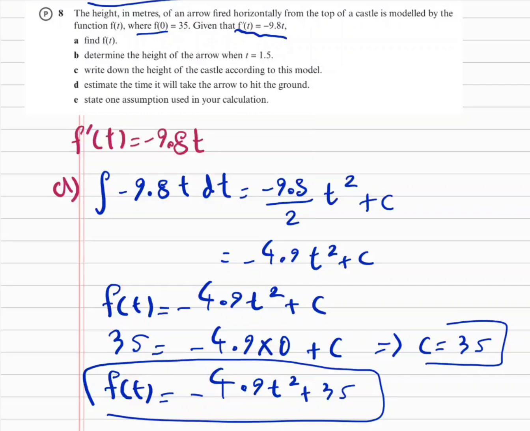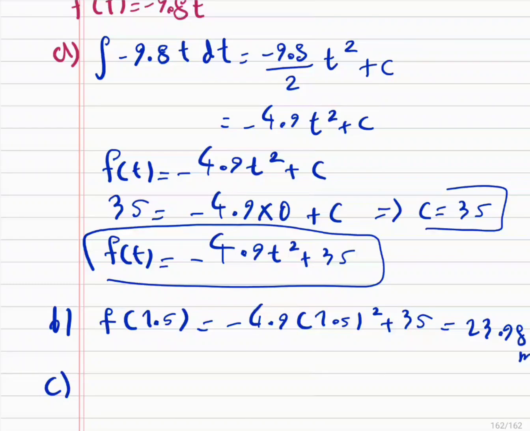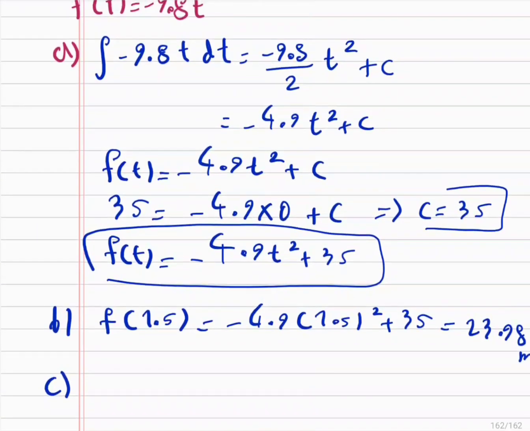So in other words, if the arrow hits the ground, then the output of the function is 0. So we set the function equal to 0. So like this, minus 4.9 t squared plus 35 is equal to 0 because when the arrow hits the ground, the height is obviously 0. So we just need to solve this equation to find the value of t.